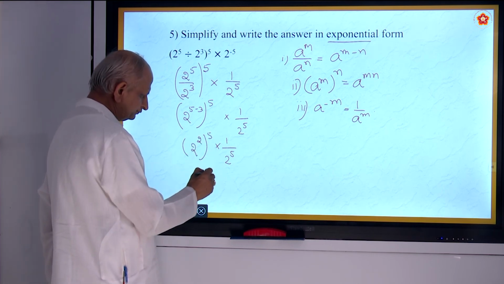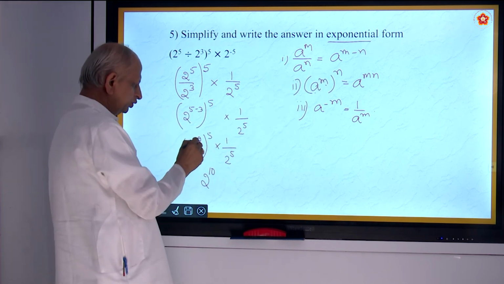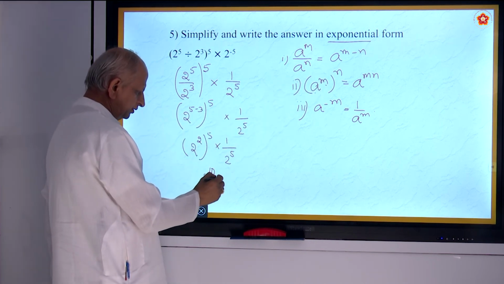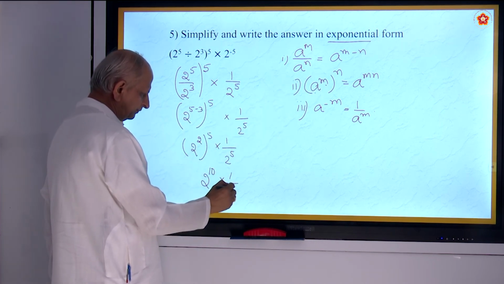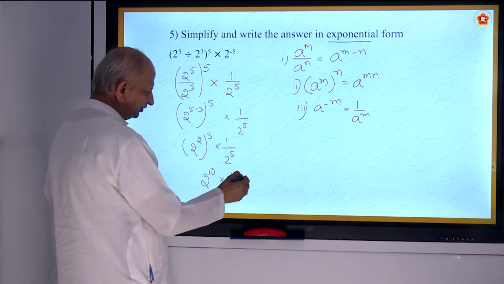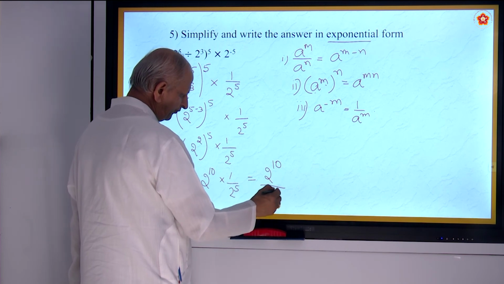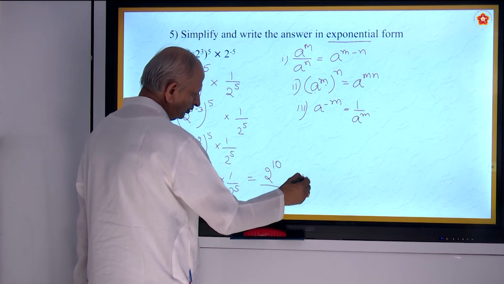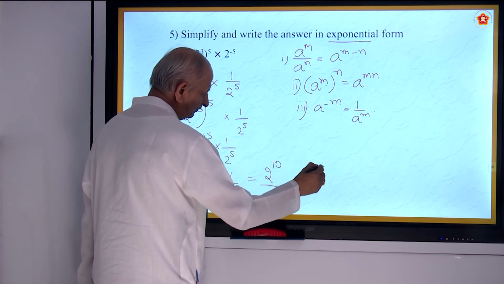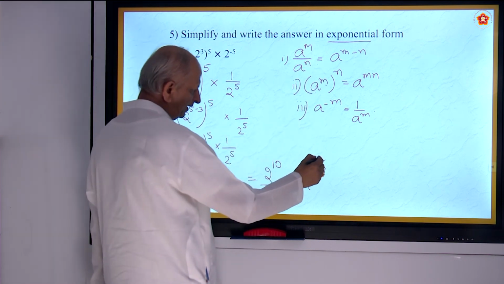2 5s are 10, by the law a to the power of m to the power of n. Then 1 by 2 to the power of 5. Both bases are same. So you can also write it as 2 to the power of 10 by 2 to the power of 5. So write it as 10 minus 5, this law. 10 minus 5 is how much? 5.